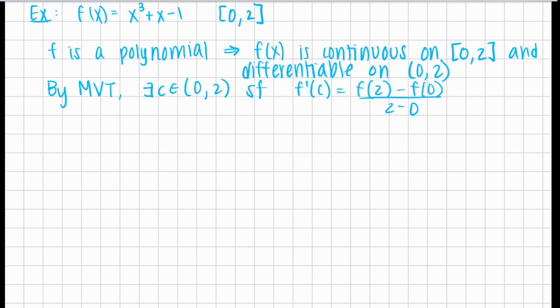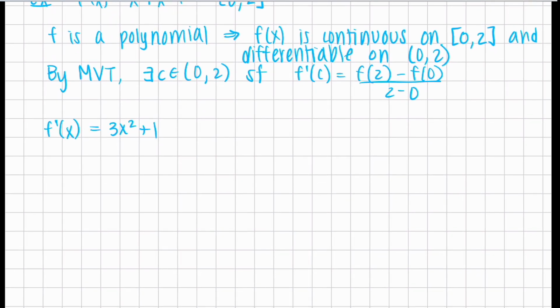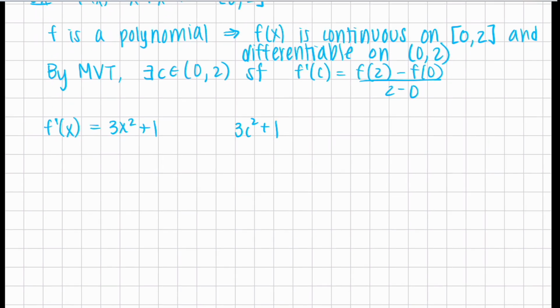So first thing I'm going to do is find my first derivative. Okay, and I'm going to plug in my c. So the first derivative at c, that's this part right here, that is going to equal the slope of the secant.